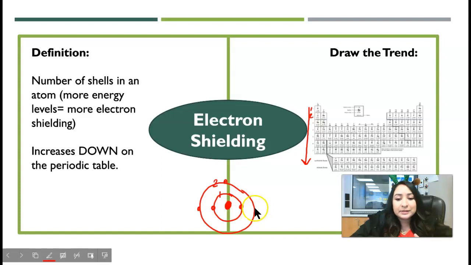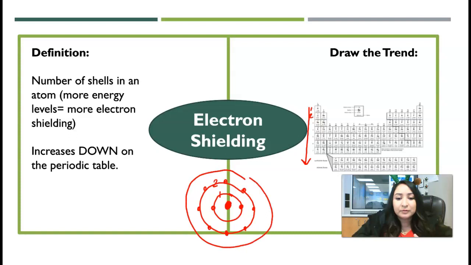And then basically, the more energy levels that you have, the more shielding it has. So for instance, if you were to add another energy level, let's say this electron here, on the third energy level, let's say it's sodium, this valence electron, which is the outermost electron, is being shielded by the ones on the first energy level and the second energy level.